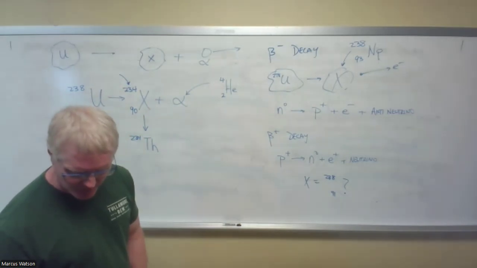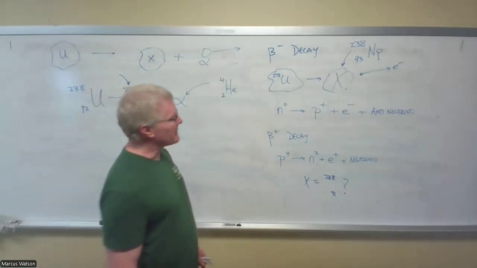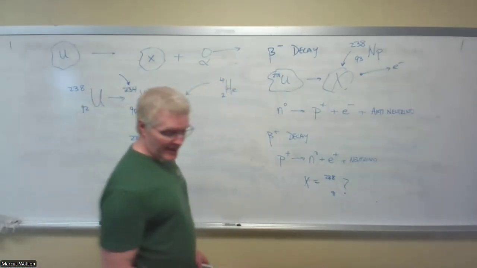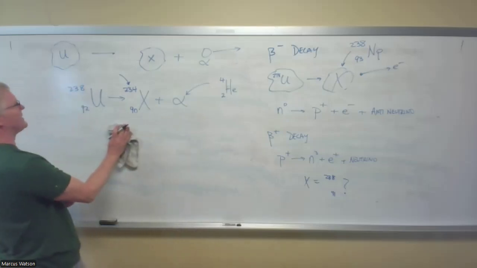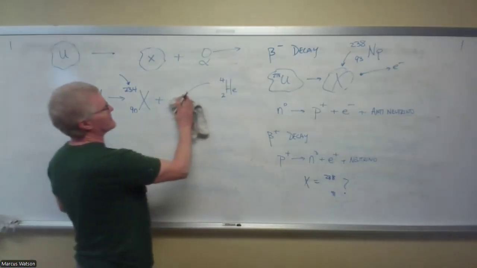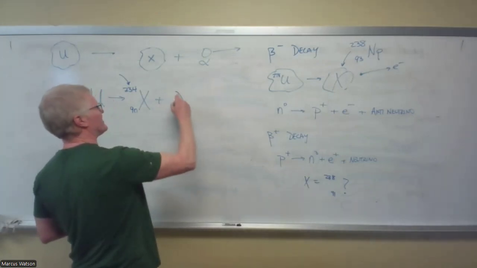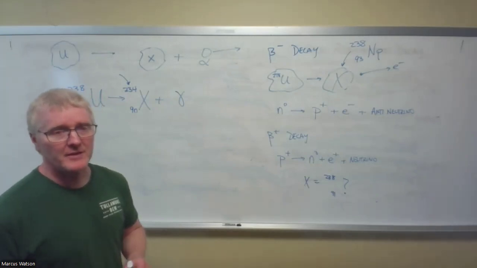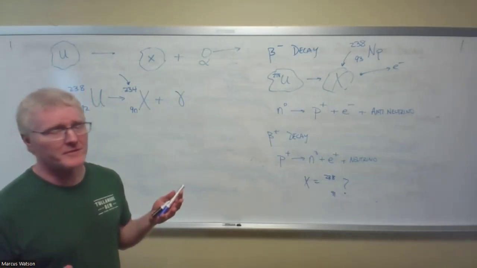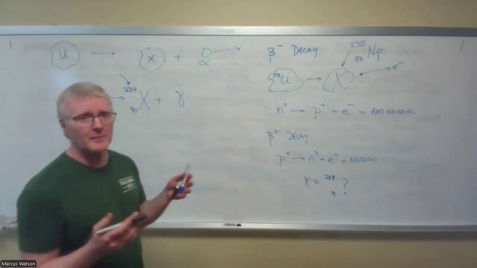All right, last one before we wrap up is the gamma decay. The gamma decay here looks like this. A gamma is just electromagnetic radiation, and therefore it does not change the number of the proton or neutron or the element at all.